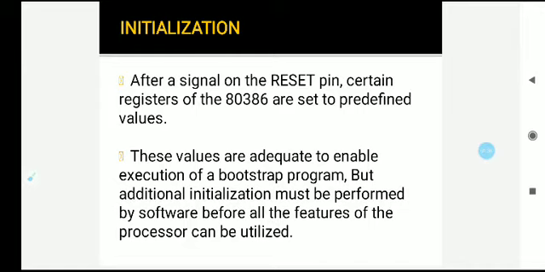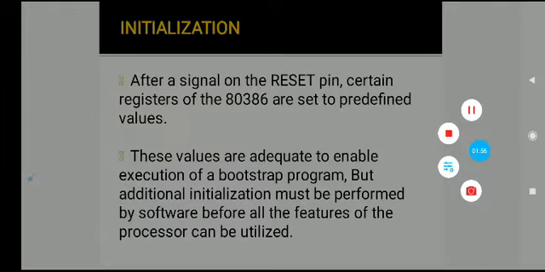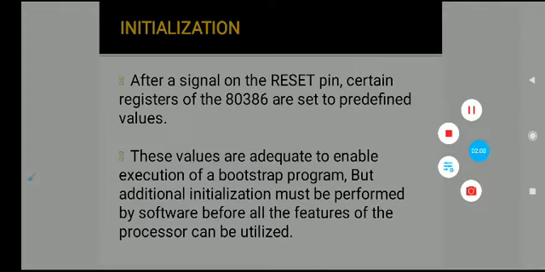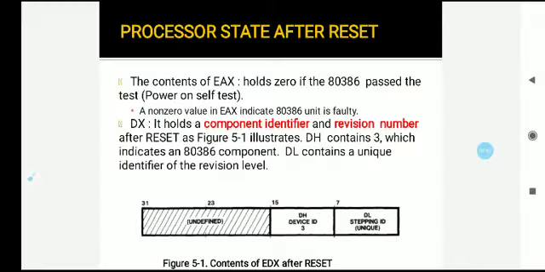So in 80386, after a signal on the reset pin, initialization starts. Means when the reset pin is high, then the initialization process starts in 80386. So in the initialization process, the processor assigns some predefined values, and using those values the processor takes the next action. Now the next point is processor state after reset.